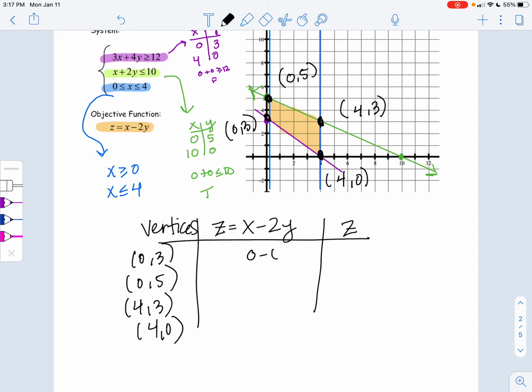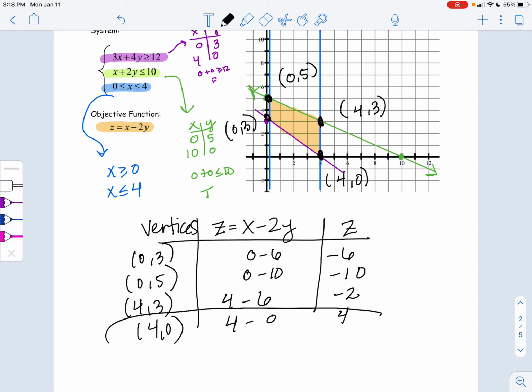So I get 0 minus 6, oops, 0 minus 10, 4 minus 6, and 4 minus 0. And so it looks to me like my maximum would be at this vertex here.